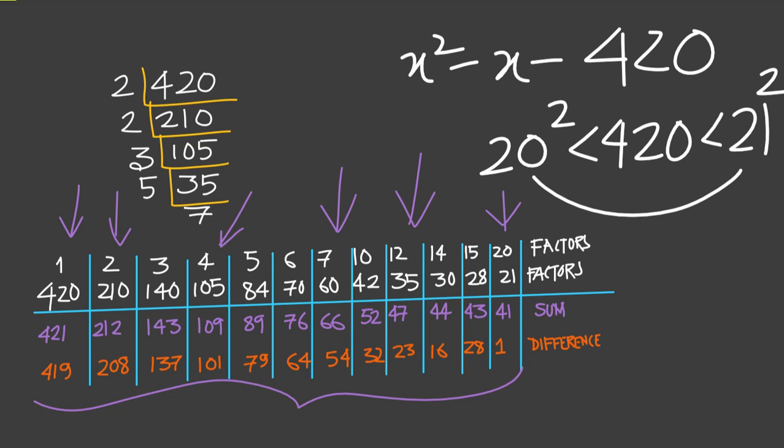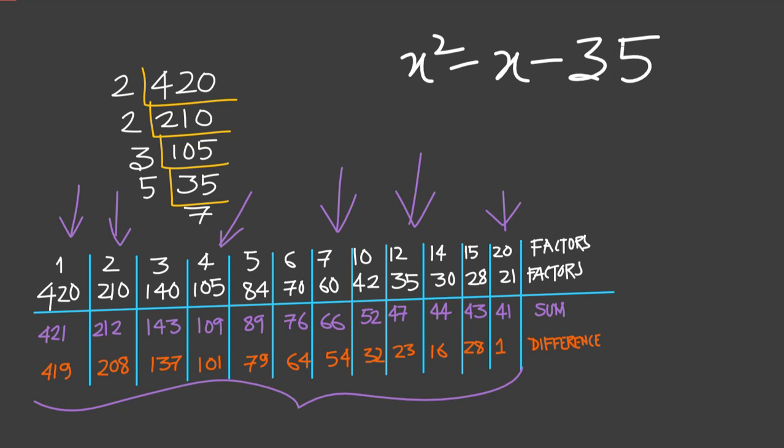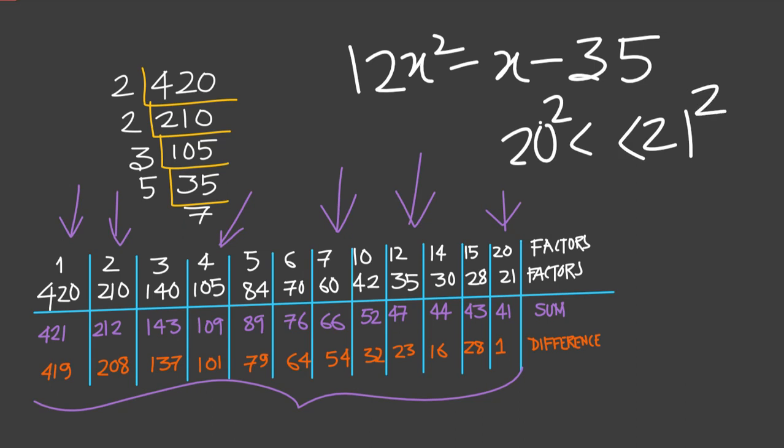For example, this number 12 and 35, you know it is 420, right? So 420 came between which two numbers? 20 and 21's square. 420 came between them, right? So 12 into 35 is between 20 square and 21 square, right? I am not just writing the number here, 12 into 35.